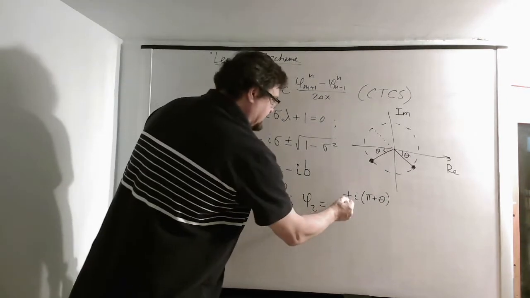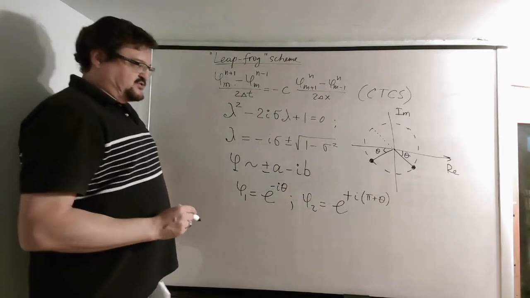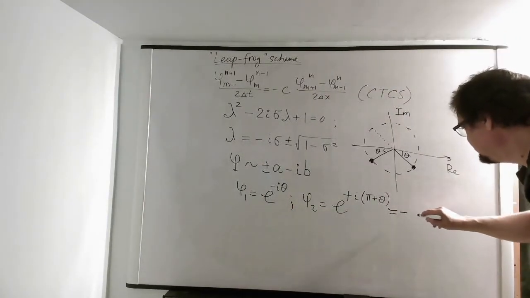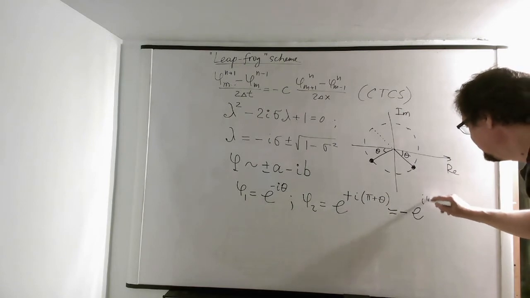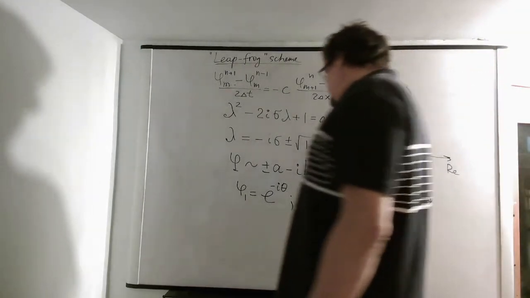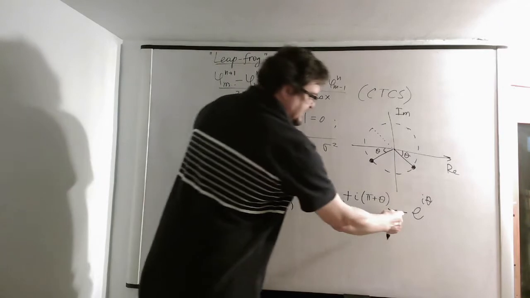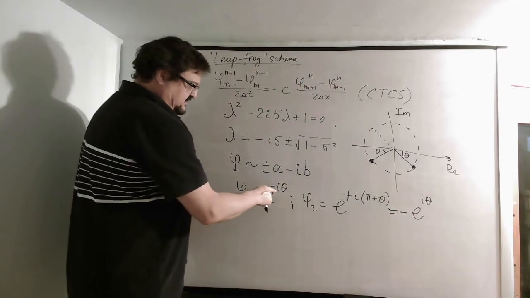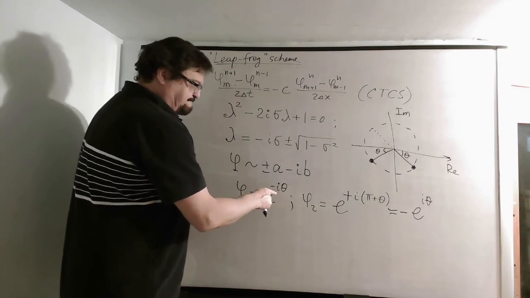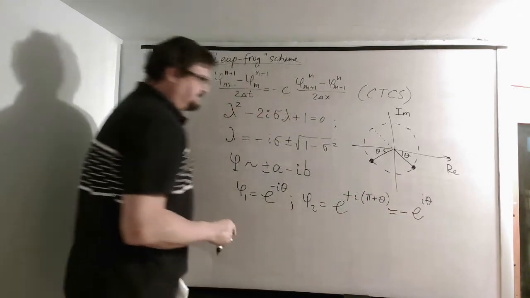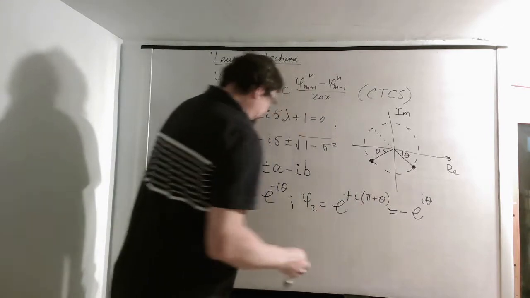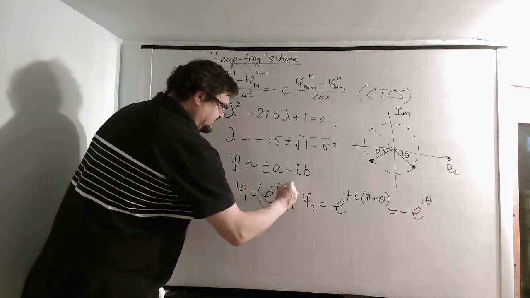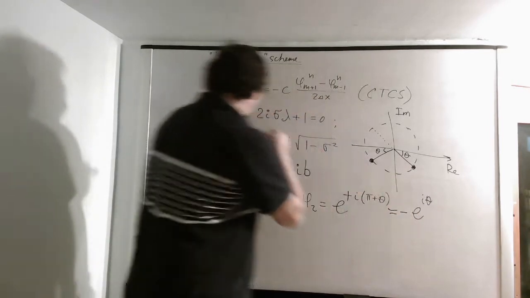It's plus here, yeah. You can actually check it, and it's true. And it's equal to minus e to the power of i theta. So you see it's negative here, and it's a different sign here. So what do both of them mean? This one is to the power of n, because that's what lambda to the power of n is.